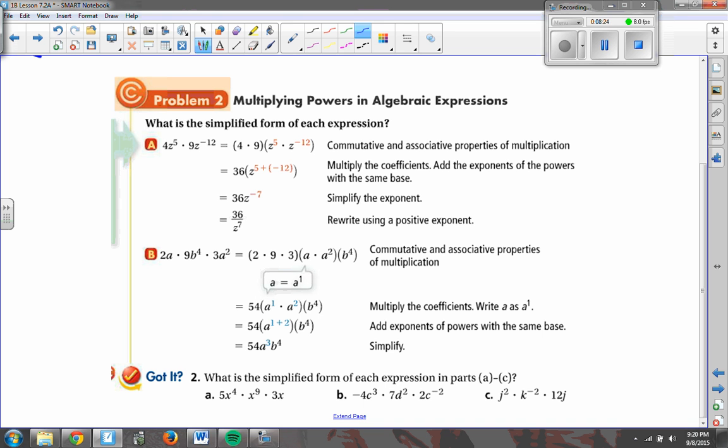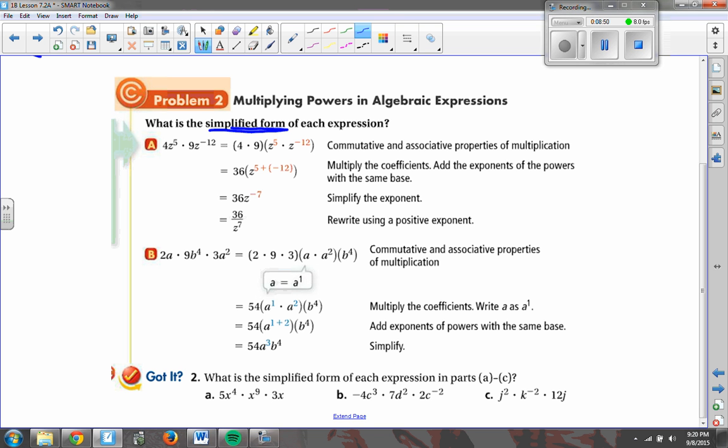And now these expressions look probably a lot more complicated to you, right? In letter A, again, I'm being asked to find the simplified form of this expression with all positive exponents, as we know from our last video. The expression I'm given is 4z to the 5th power times 9z to the -12th power.